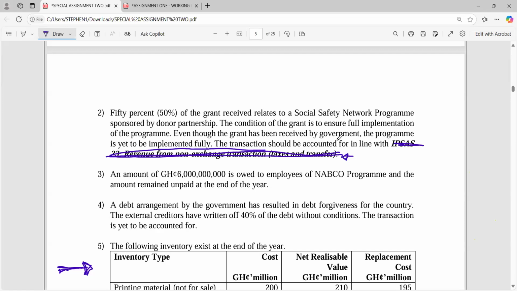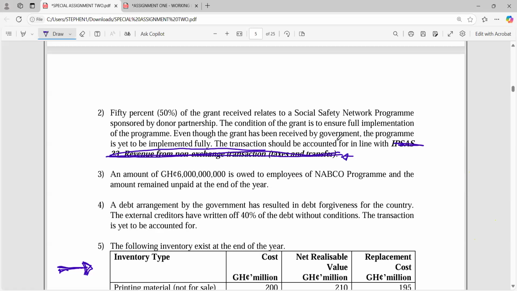Are you okay? So look at the question. Let's take it again. 50% of the grant received relates to a social safety network program sponsored by a donor partnership. 50% of the grant received. It means that we have already received it all. It's in our books. The condition of the grant is to ensure full implementation of the program.